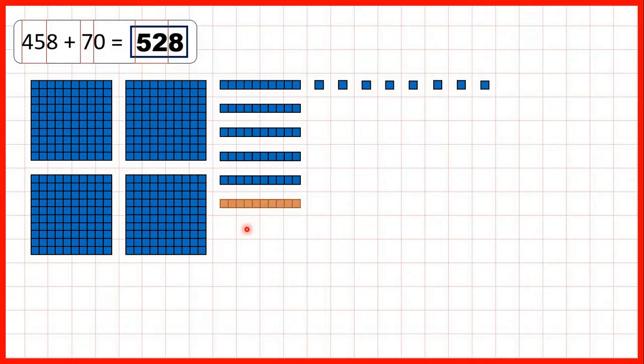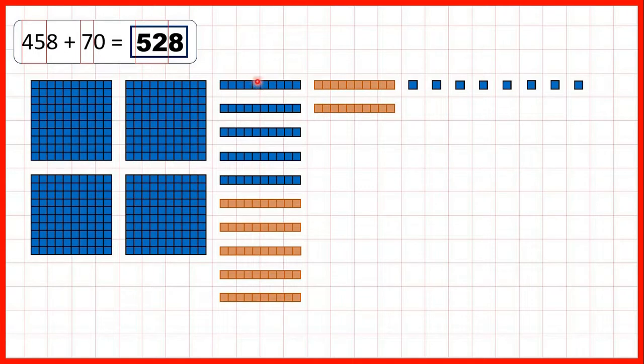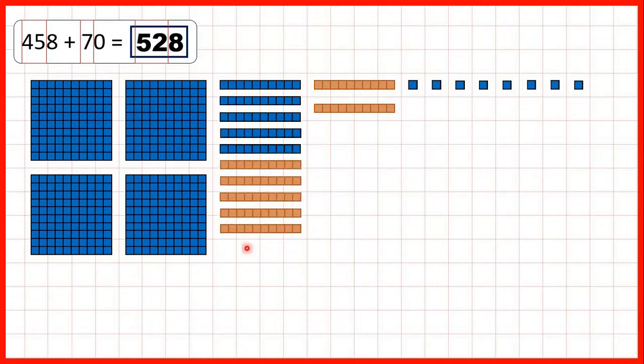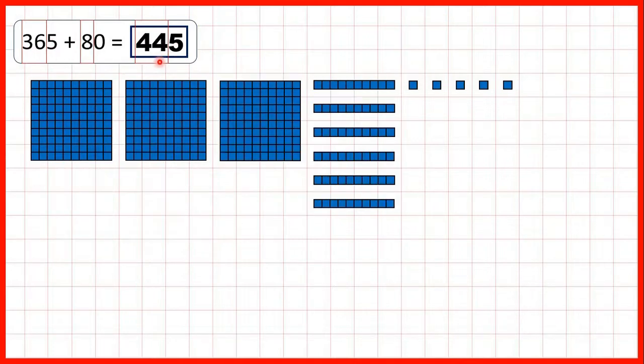We can add 1, 2, 3, 4, 5, 6, 7 tens, but that gives us 12 tens altogether. 5 plus 7 is 12, but if we have 12 tens, we need to take 10 of those tens and regroup them into an extra 100. So that's why our hundreds digit goes from a 4 to a 5, so our hundreds digit increases by 1 because adding our tens gave us a 2-digit answer.